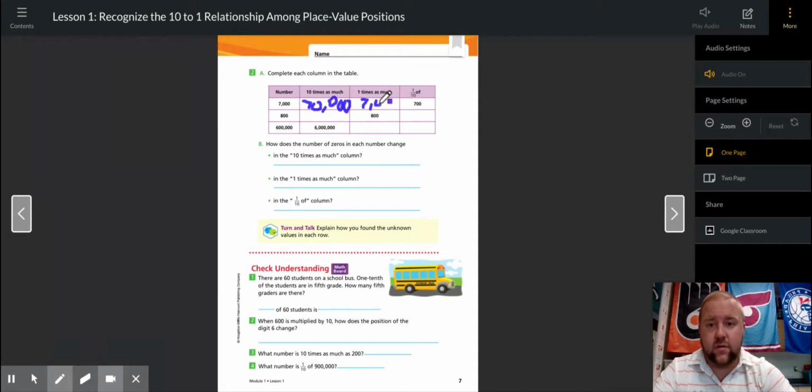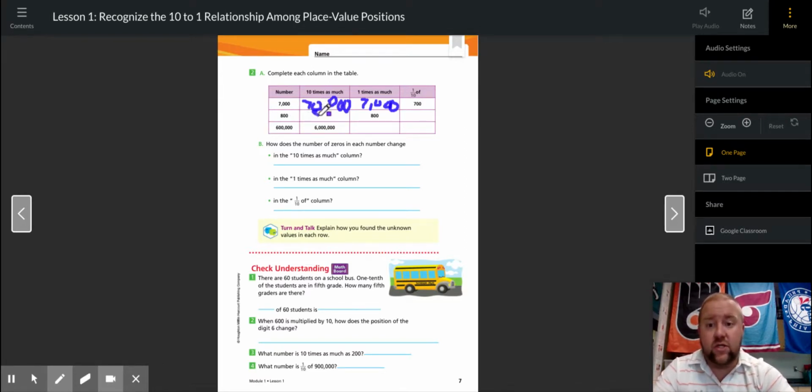Okay, now the next one, it says 1/10 of it. We want to know what 1/10 of 7,000 is. Now, 1/10 of it means it's going to be smaller. So you have to move the place value one place smaller. So instead of 7,000, they've shown 700 here.